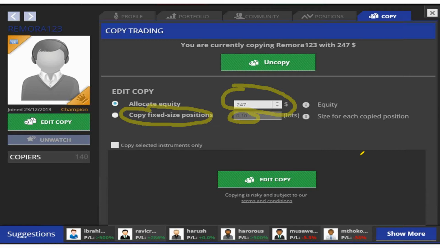You shouldn't be opening up more than 10% of the equity which you allocate to a trader, which means if you had $100 per trader, you wouldn't want to open up more than $10 per position. So 0.10 is the ideal size per trader on $100. You can even go to half a mini lot, which would be 50 cents.